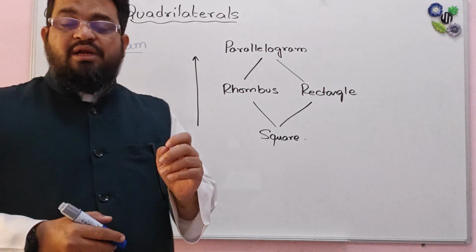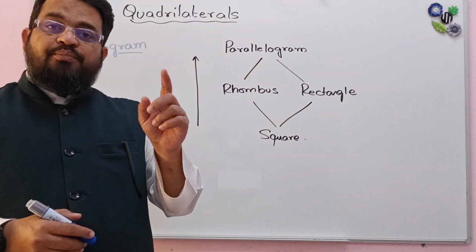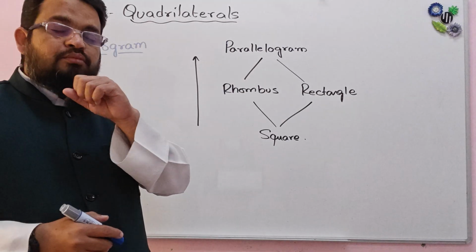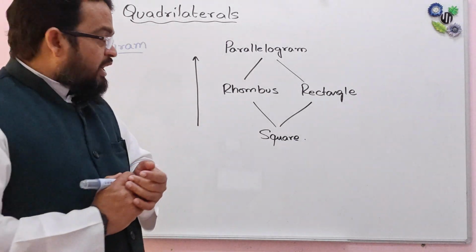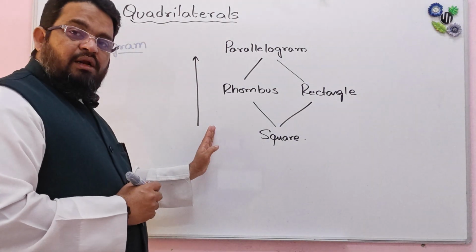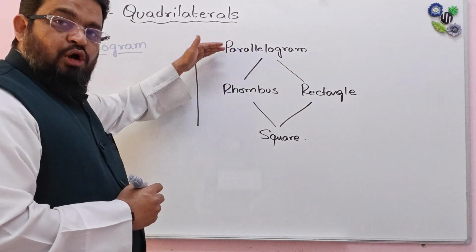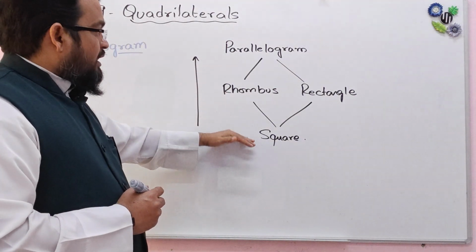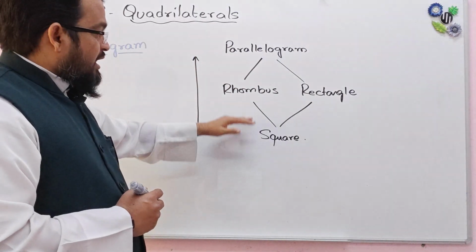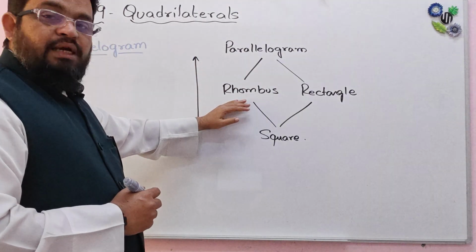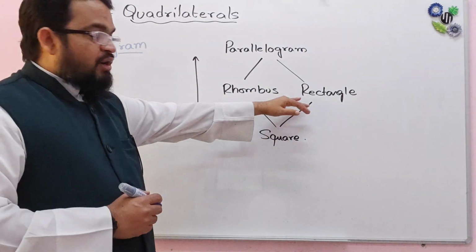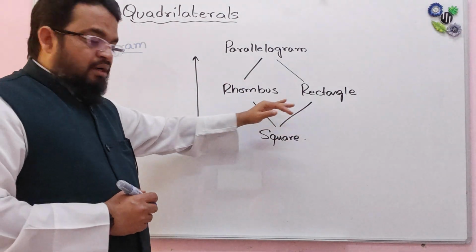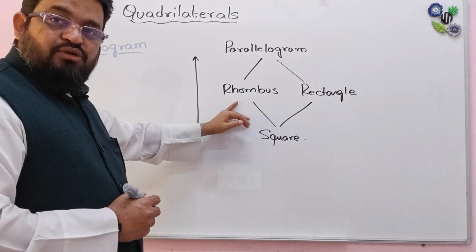This will be asked in MCQs and also in your IBT questions. So if you go in hierarchical order from bottom to top, it satisfies. That means a square can be called a parallelogram. Understood or not? And a square can also be called a rectangle. Got it? And a square can also be called a rhombus.